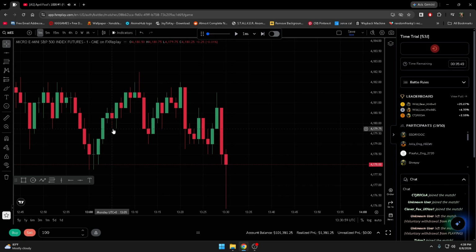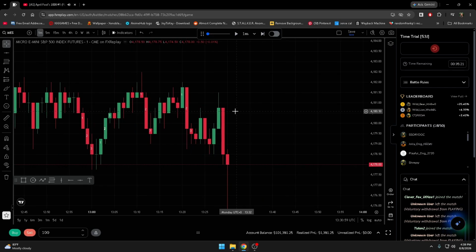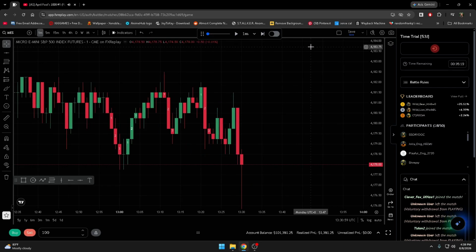As a new trader, you look for this gap right here. Wherever there's a gap, you just instantly focus on it. Because as you can see, I don't know if y'all noticed it or not, but some of y'all probably saw it, but there you go right there.